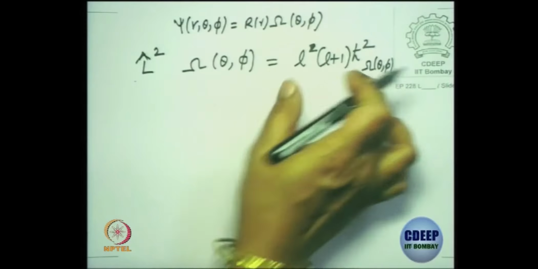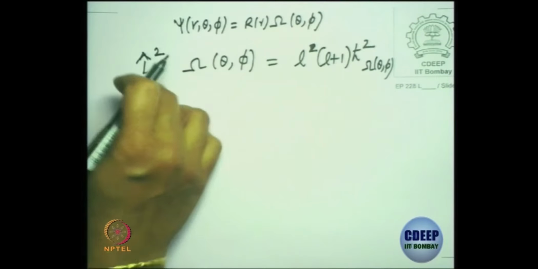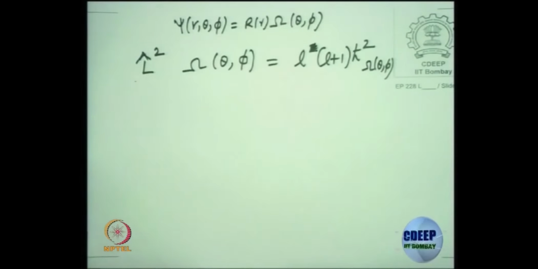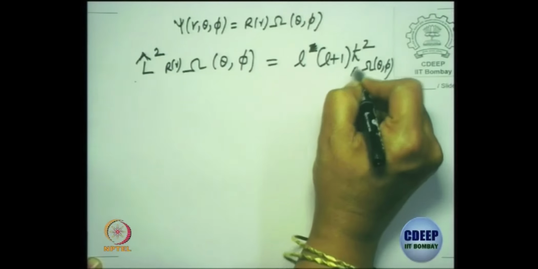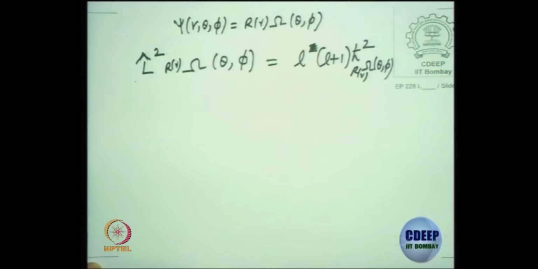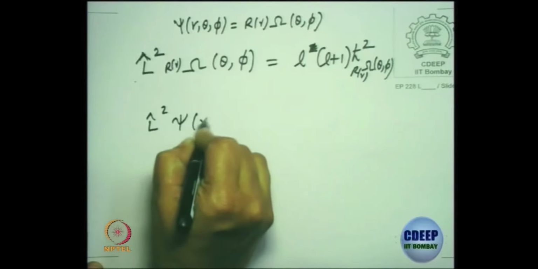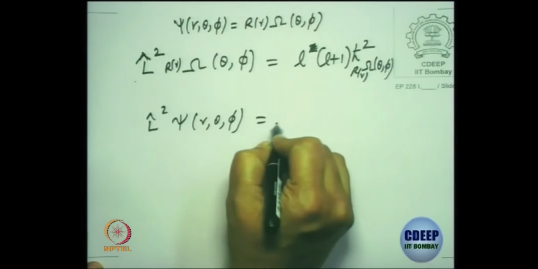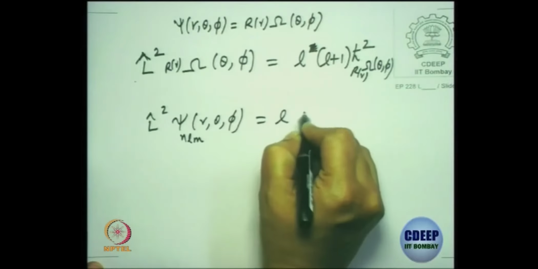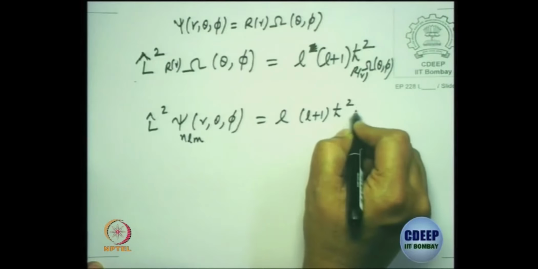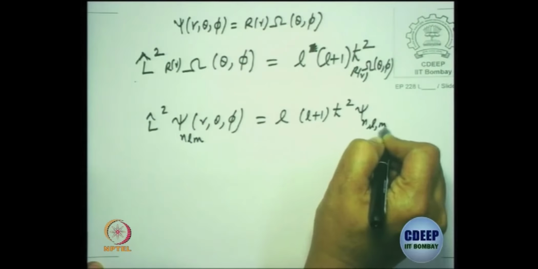There is an h cross squared coming up here because of the definition of L squared. So this is also an eigenvalue equation. Putting in an R of r does not matter. So L squared on psi NLM of r theta phi is L into L plus 1 h cross squared times psi NLM of r theta phi.